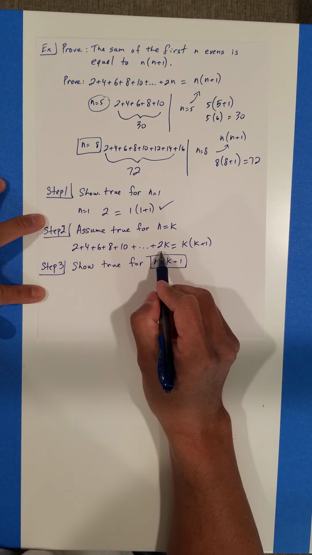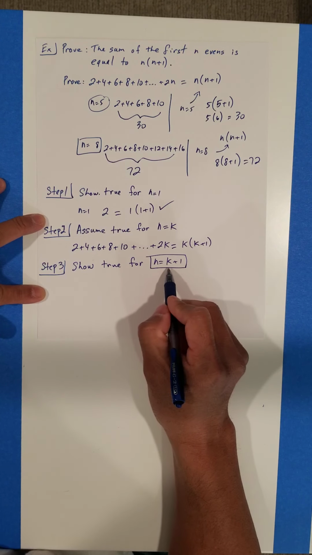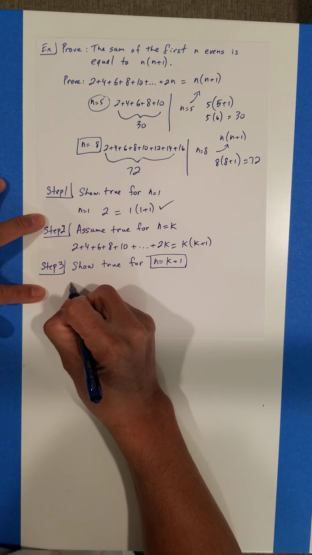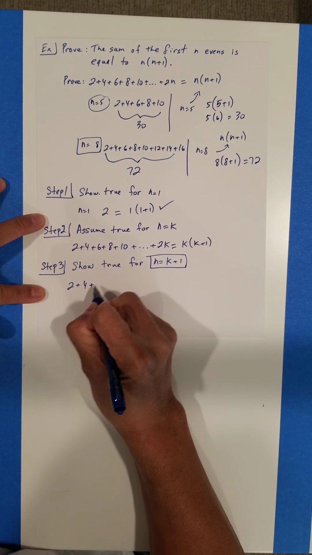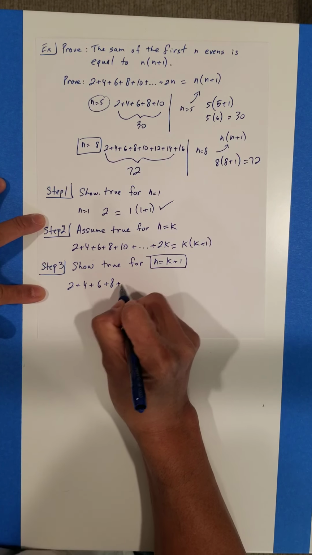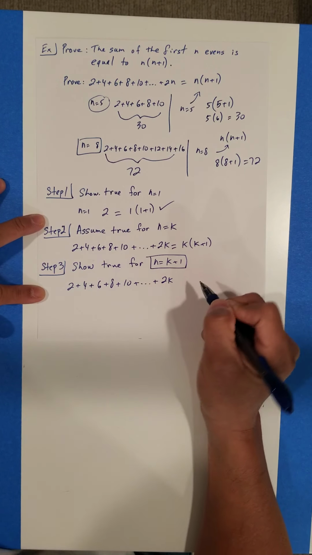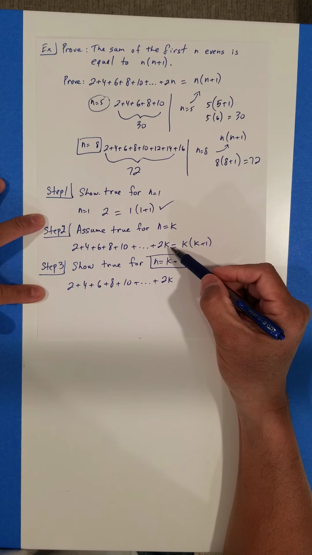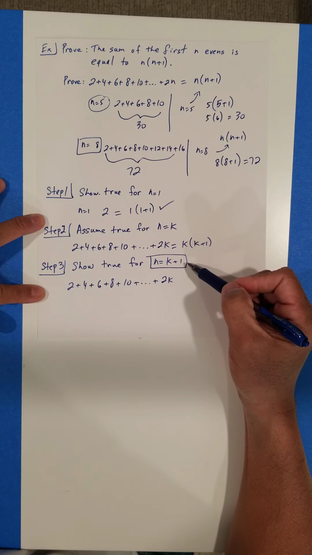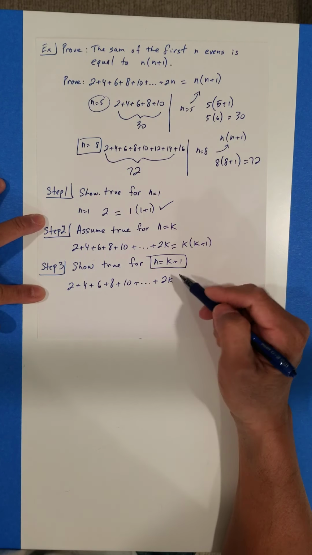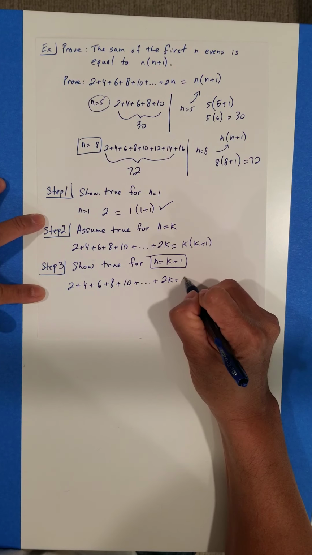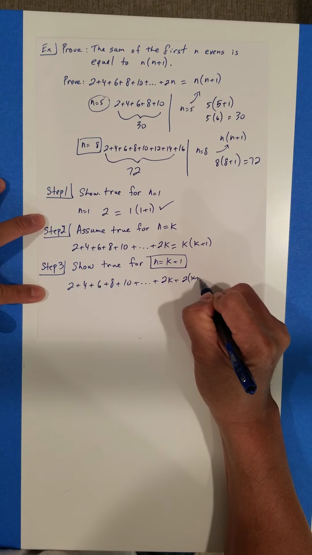Now that I know that it works for k, I'm going to show that it works for k plus 1. So 2, 4, 6, 8, 10 plus ... plus 2k, all right? That's when n equals k. But what happens when n is k plus 1? Well, in other words, the next number, 2k plus 1.